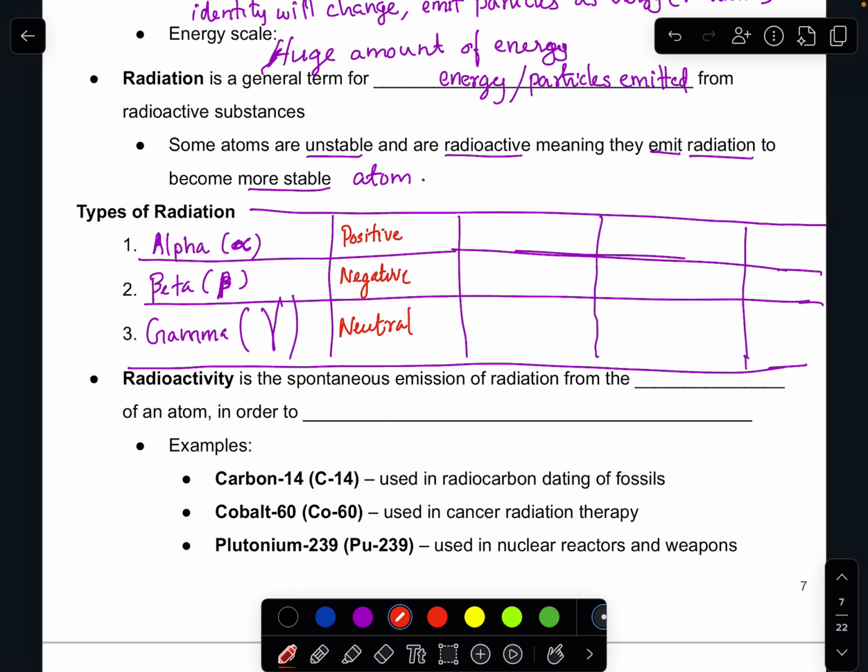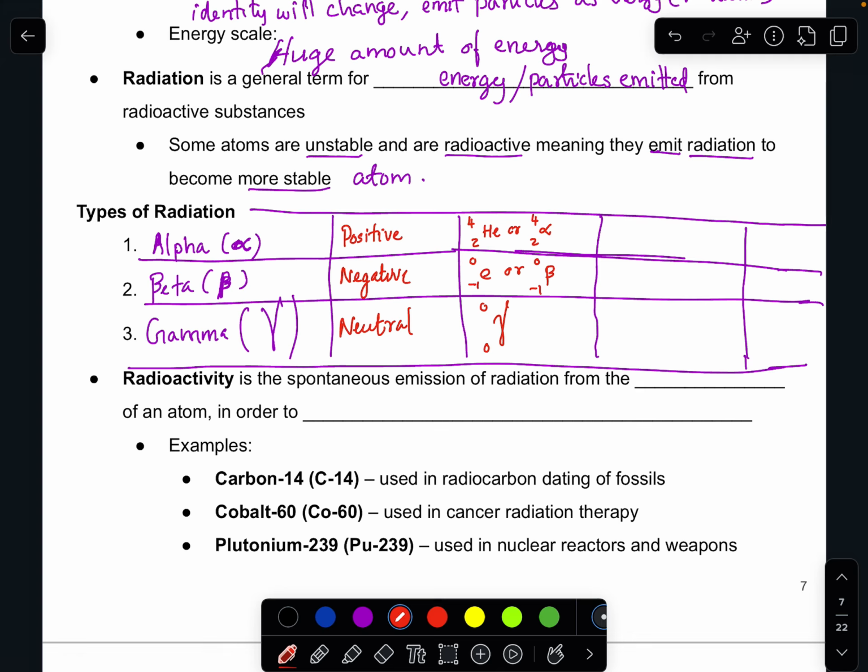Alpha particles are heavy. They have a mass equal to helium, so we can write the symbol helium 2He4, or you can also write alpha 2He4. Both symbols we can use. Beta particles are lighter, like an electron, or you can say beta -1 0. Gamma has only energy, no material particles present. That's why we learned about gamma radiation before in the electromagnetic spectrum, because that is only energy.